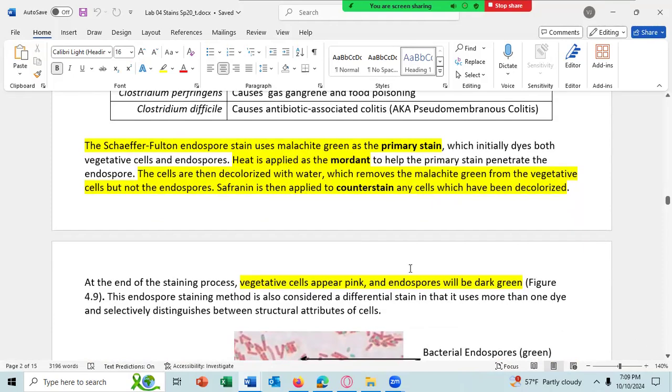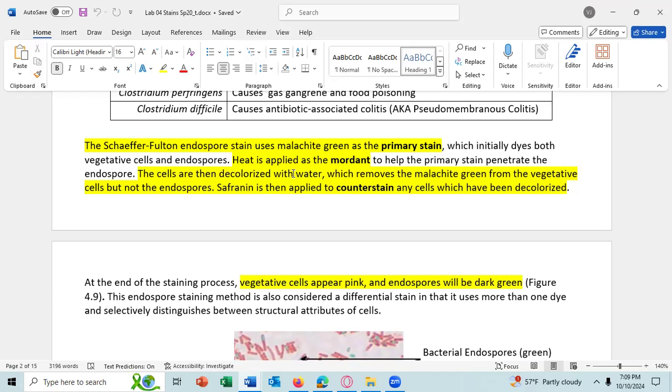The endospore stain that we're going to talk about is the Schaeffer-Fulton endospore stain. It uses malachite green as the primary stain. It initially dyes all cells green. Heat is then applied as a mordant to get the malachite green inside the endospore.